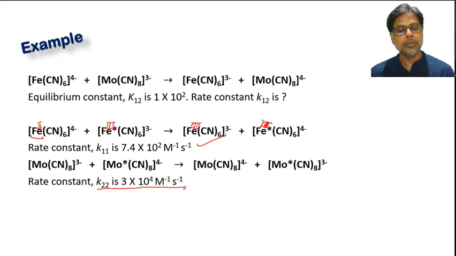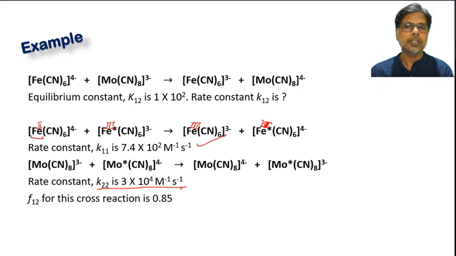So now we know the rate constants of two individual self-exchange reactions, and all we need to know is f12. f12 normally is 1; if f12 is not given in any problem, then you take it as 1. If f12 is given, then you can use that value. Here f12 is given as 0.85.